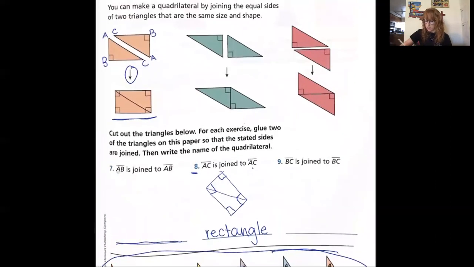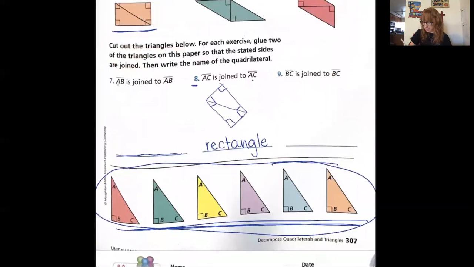But just use these examples to help you build 7 and 9, because all they really want you to do is take these and cut them out and glue them together so that you're able to play with the triangles to build a quadrilateral and understand how they go together. So as always, if you need help, let me know. Otherwise, I will see you soon.